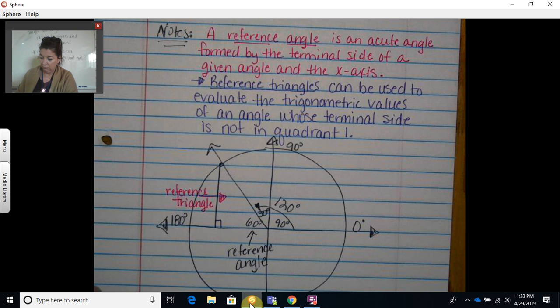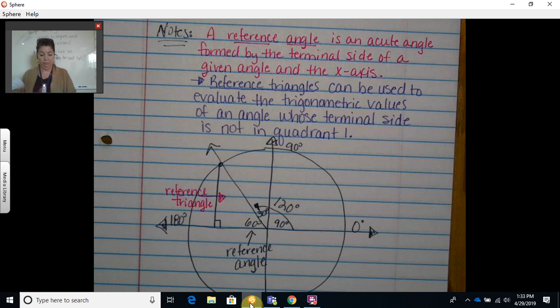Okay, feel cool with that? Okay, next page. 2 unit circles, finished. Example 1. I'm going to draw again another big old unit circle.